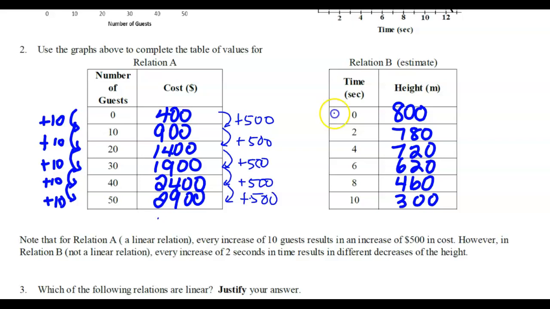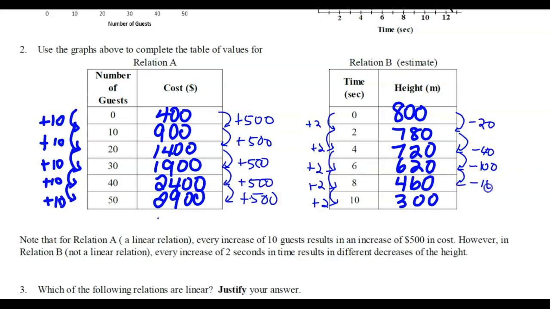This one, if you notice, these are all increasing by 2. So that's consistent, but when we look at what's happening here, we're going down by 20, we're going down by 40, we're going down by 100, we're going down by 120, 160, going down by 160 again.